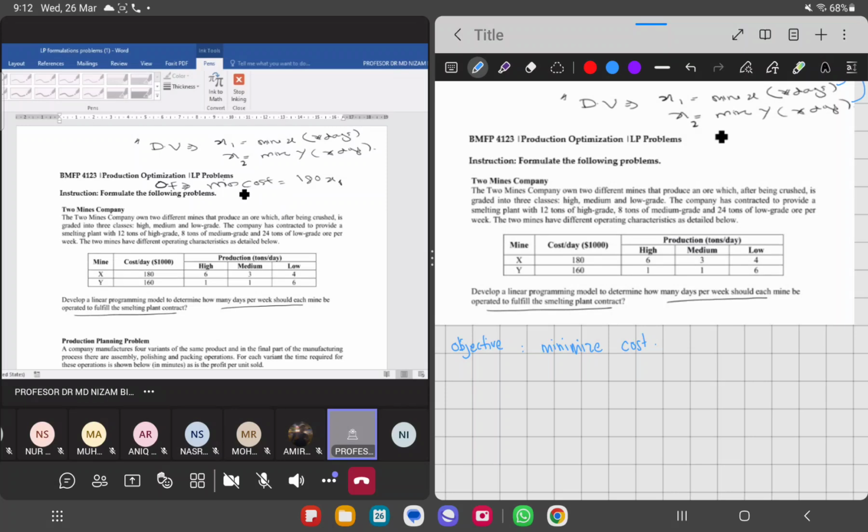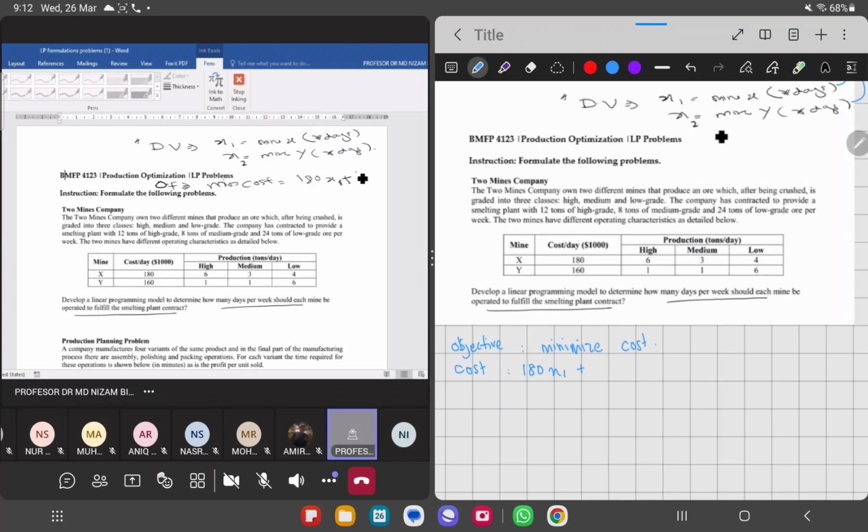So if I ask you what's the cost of this operation, the cost would be 180 x1, because cost per day is 180. X1 is number of days of operation, right, for x1. So it should be 180 x1 plus, not minus, because you just want to calculate cost, right?